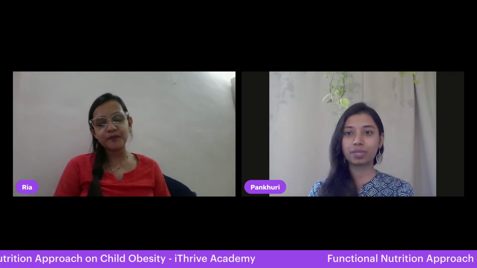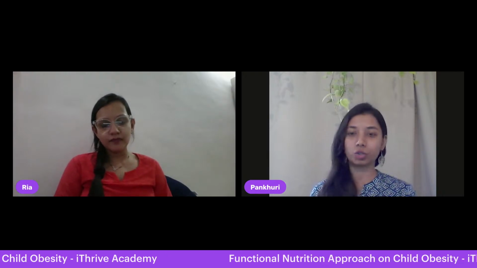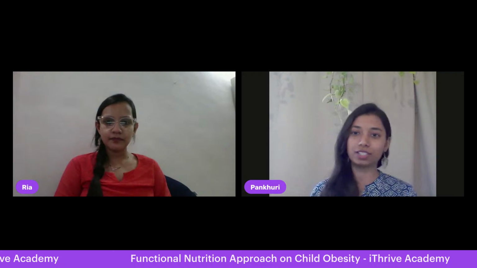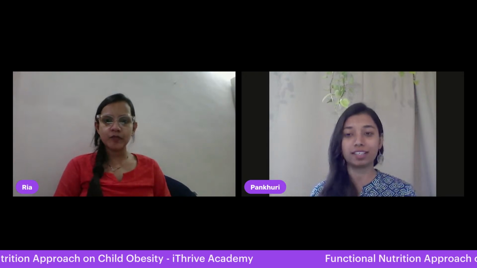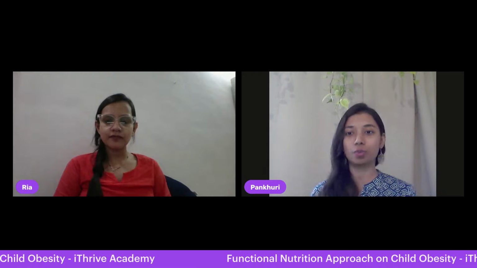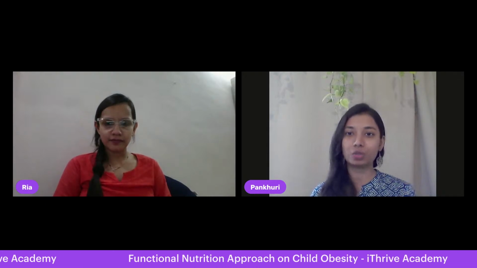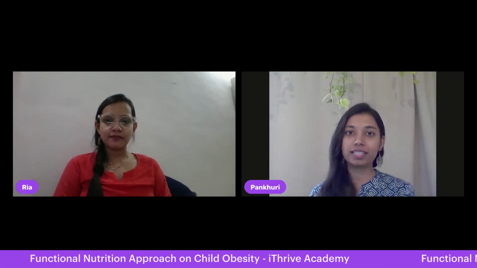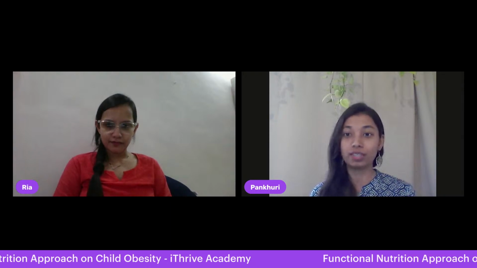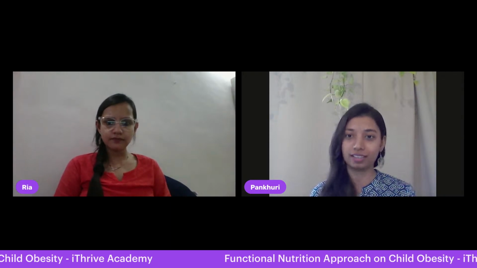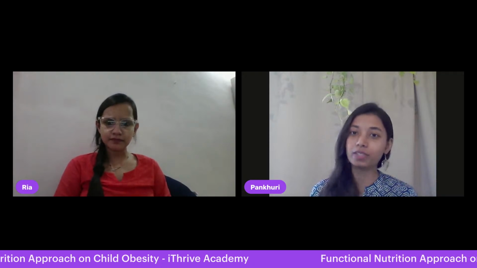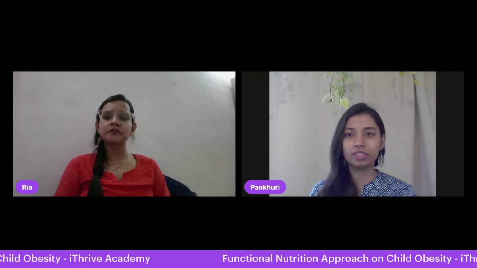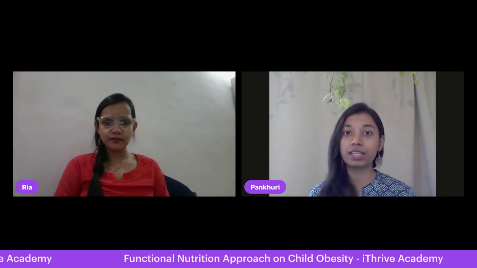Yeah. So basically, when a child is growing, they go through many developmental changes, and their stages are very different. Many times the parents think that if my child is eating so much and gaining weight, that is a good thing. But when the child is gaining weight more than required, or when there is some hidden fat deposition inside the body, the child can be lethargic, the child's blood markers can be different, the child can develop insulin resistance, and many children have become prone to becoming pre-diabetic.